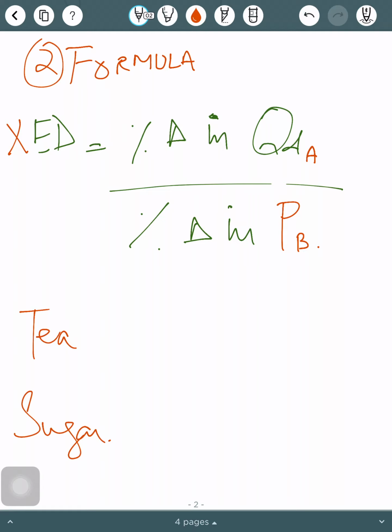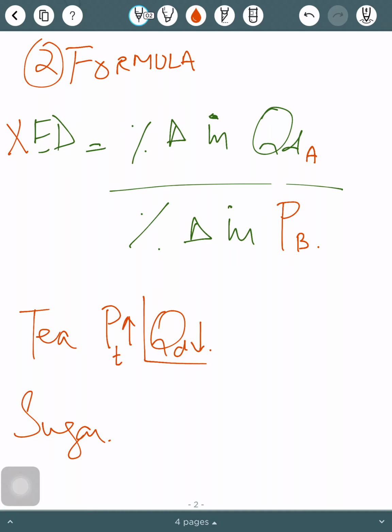Okay, so we know that usually sugar is consumed with tea. People like to taste sugar with tea. So how would the change in price of one product affect the demand for another product? Let's assume that the price of tea rises. What would happen as a result? The quantity demanded of tea will fall.